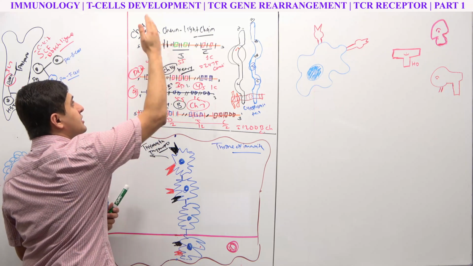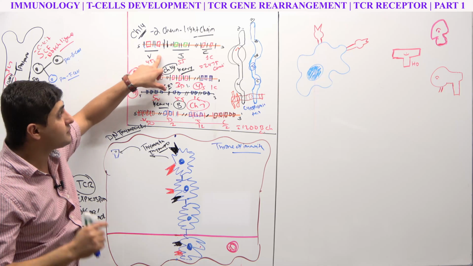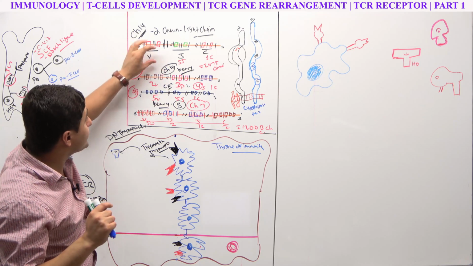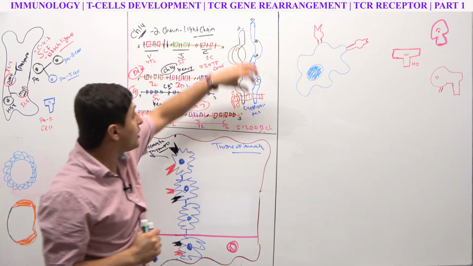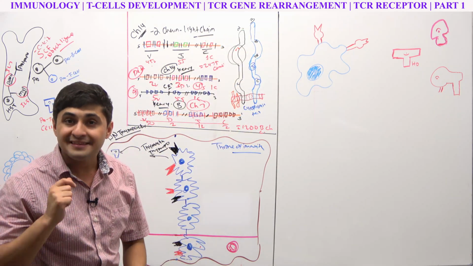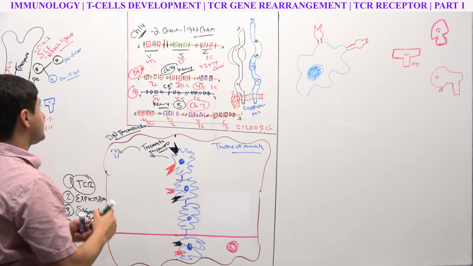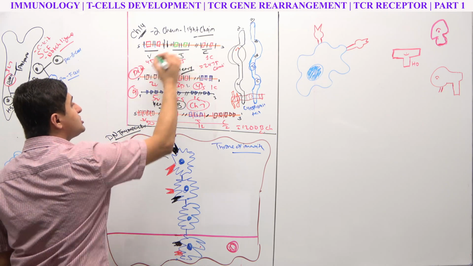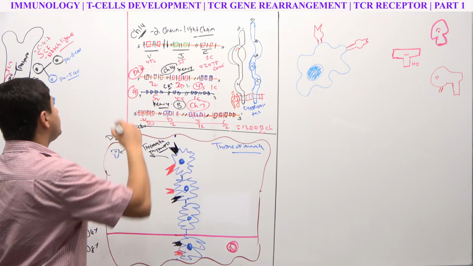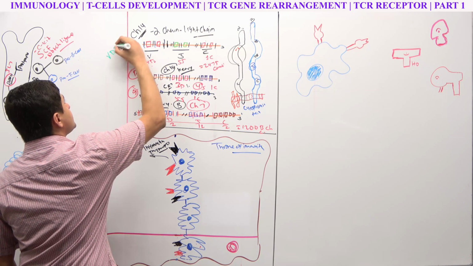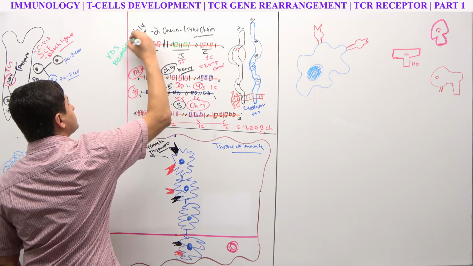You have to cut down, break, and rejoin them, so that you can make one good alpha chain and one good beta chain. For that, a special enzyme is required. The enzyme that does splicing and recombination is called the VDJ recombinase enzyme. You need to remember this.